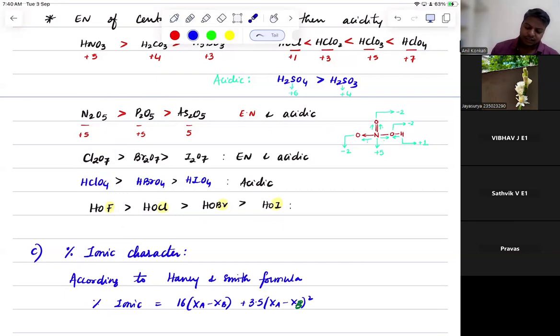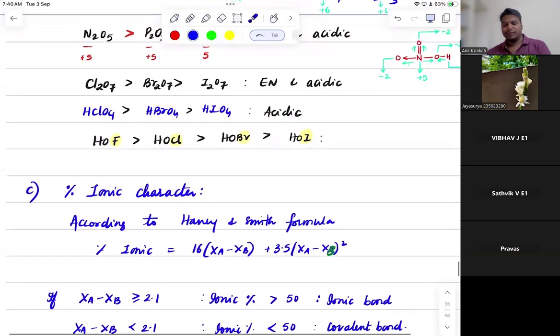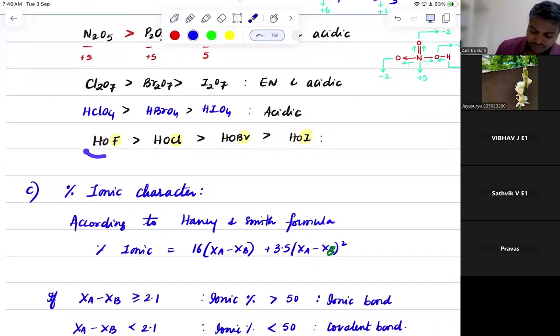In oxo compounds like HOCl, if you notice HOF, the electronegativity difference for fluorine is very high. That's why this will make it more acidic in this case.